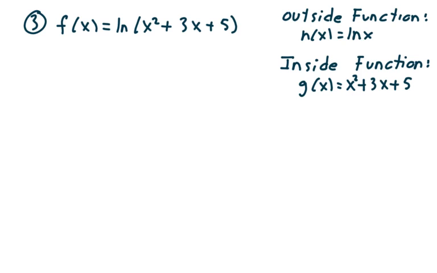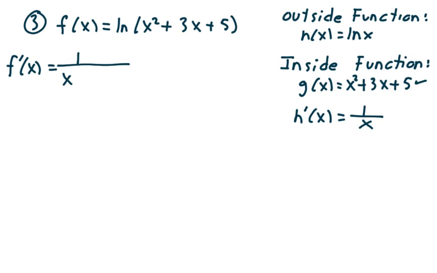The derivative of the outside function is 1 over x. And so I'm going to take 1 over x and evaluate it at the inside function. So in other words, I'm going to replace x with x squared plus 3x plus 5. So when I calculate this derivative, I get 1 over x squared plus 3x plus 5. But we have to multiply by the derivative of the inside function, once again with respect to x.